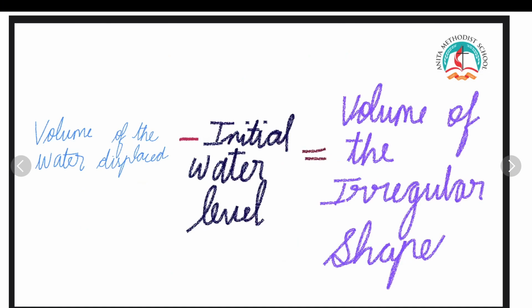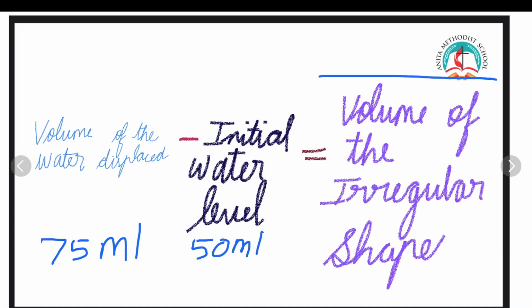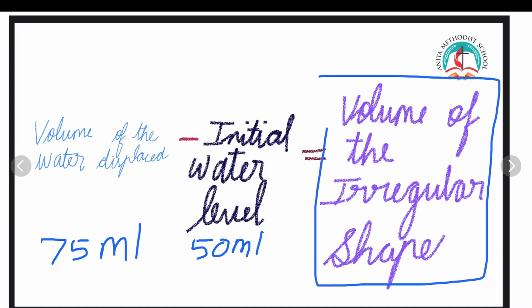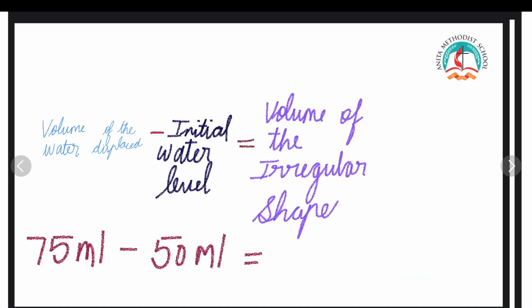Okay. Now, the water level has changed. It is 75 ml. Now, the initial water level was 50 ml. Now, we have to find out the volume of the irregular shape.